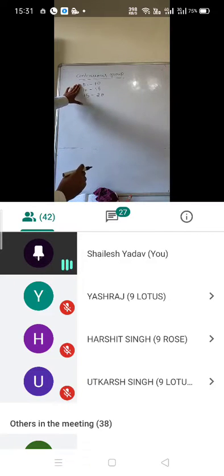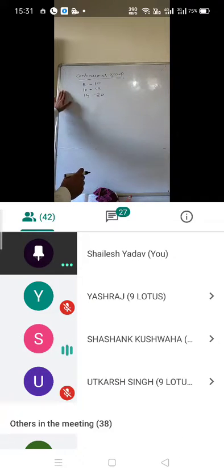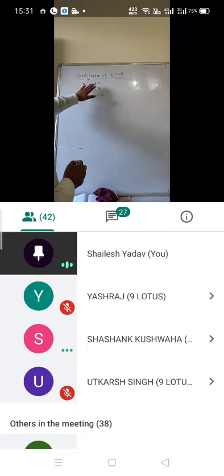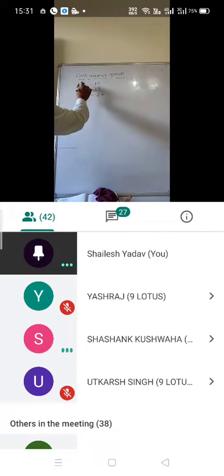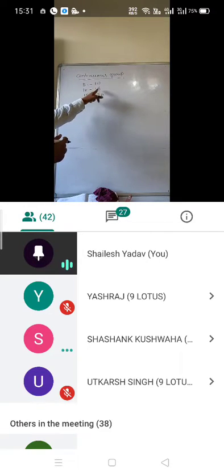Why is it the continuous group? Can any of the students explain why it is continuous? Yes. Here the first class ends at 10 and the next starts from 10, it finishes at 15, and again the next starts from 15.